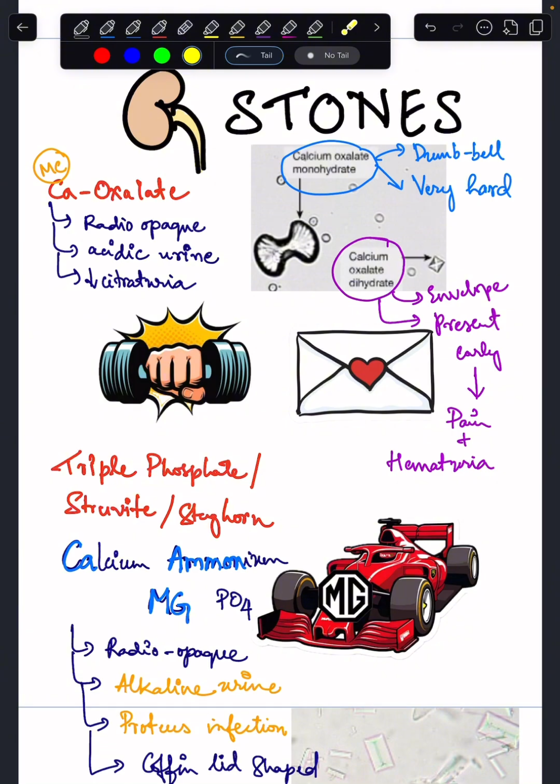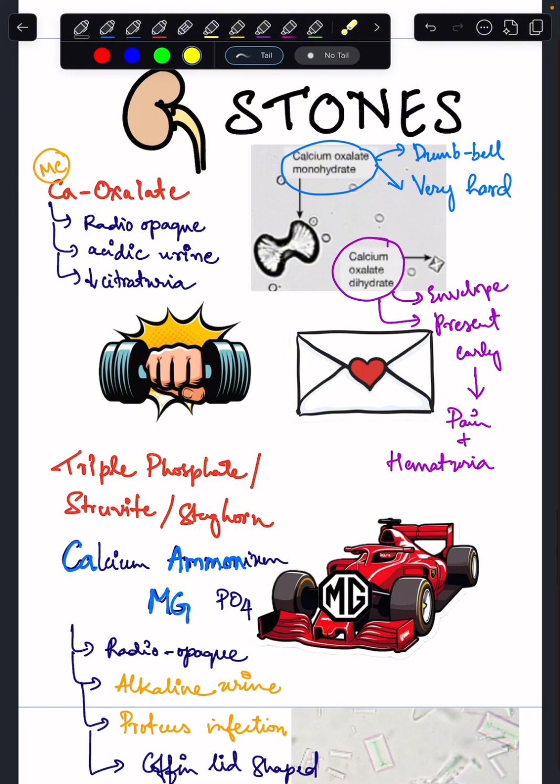These people will be sending love letters in envelopes. And if that relationship breaks, it's going to hurt a lot, just like dihydrate stones, which present early with pain and hematuria. So calcium oxalate monohydrate, dumbbell shaped and very hard, whereas the dihydrate ones are envelope shaped, love letters in envelopes, and they present early with pain and hematuria.